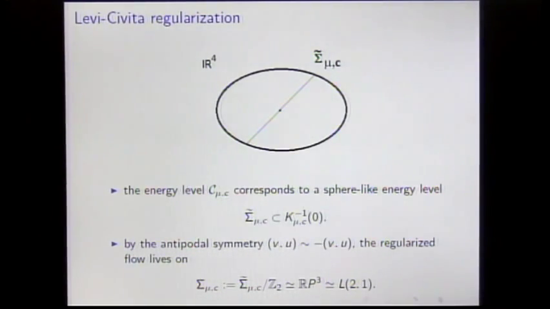Okay? So I would say that if you want to study the three-body problem with all such assumptions in the correct way, you should understand the flow in RP3. Of course, you can use the lift to S3 to look at the flow here, but I think the correct way to study it is to look at the flow on RP3.